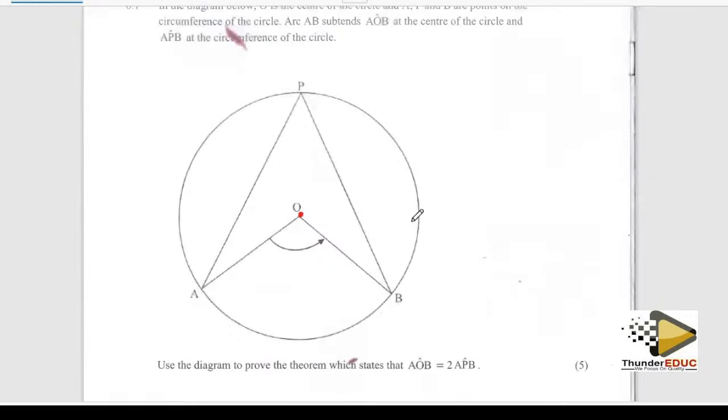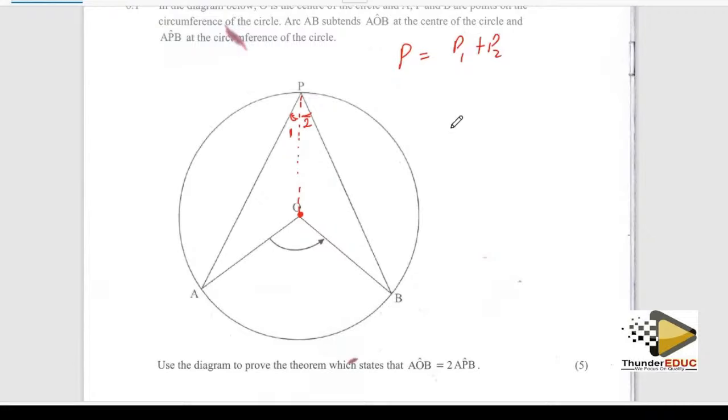Guys, with this question, you need to do some constructions. You can just connect this. And then label this as 1 and this as 2. So we know that P is the same as P1 plus P2.